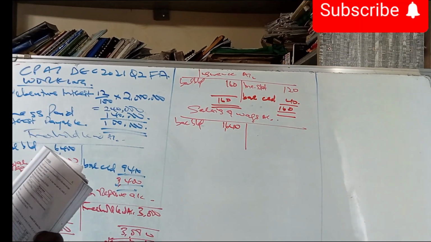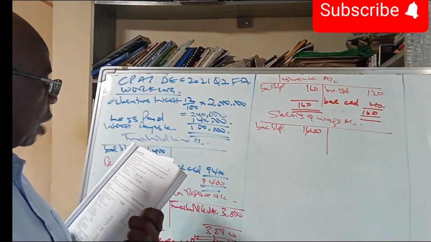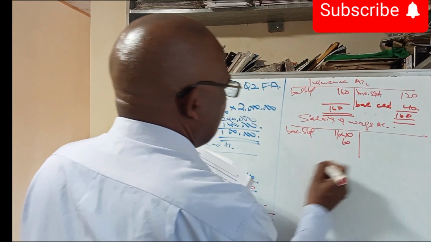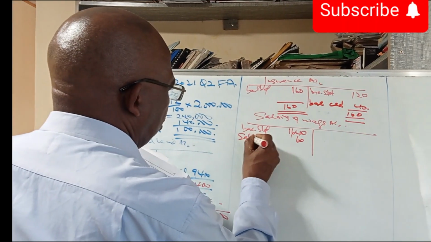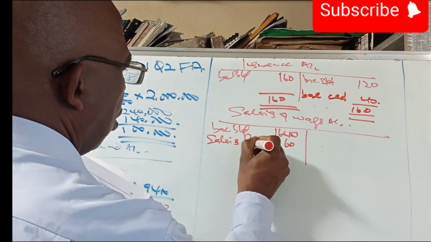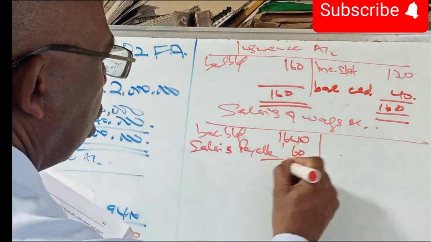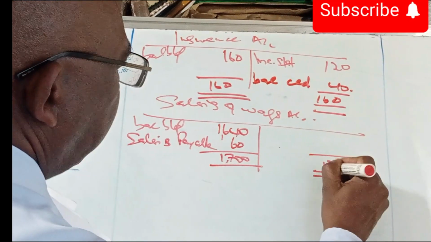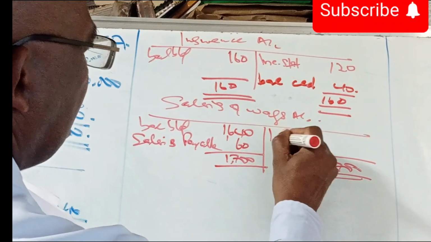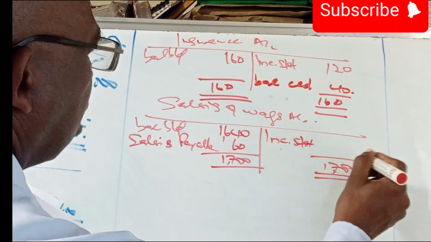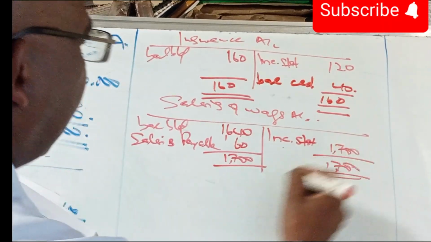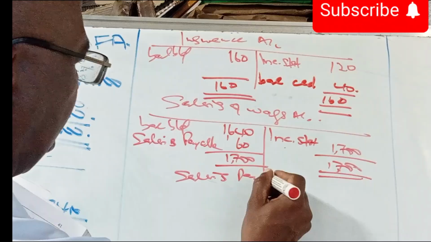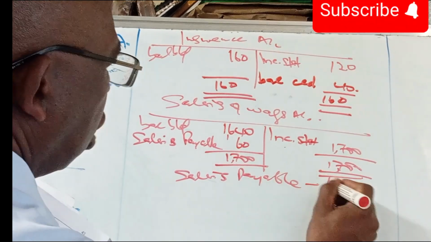It's both an expense and a liability. We record an expense and a liability of 60. So we add 60 and we say salaries payable. So this becomes 1700. We take to the income statement an expense of 1700, but we have salaries payable, a liability, amounting to 60.